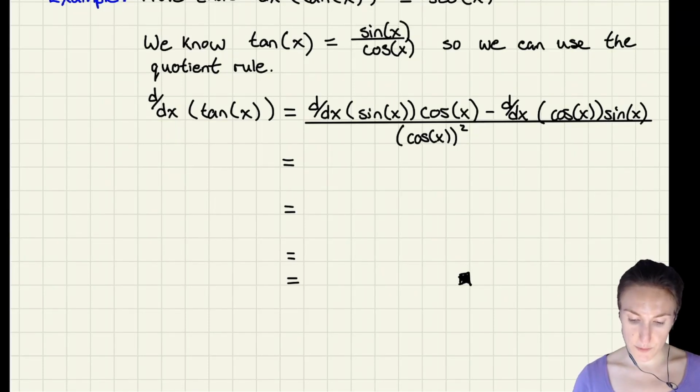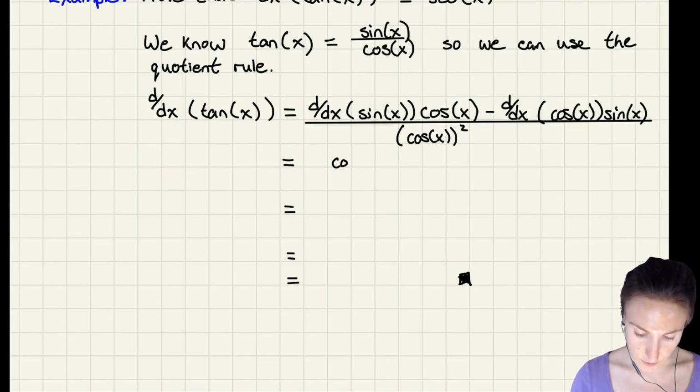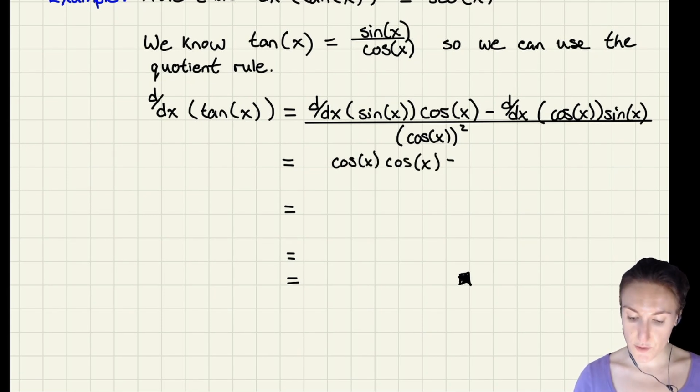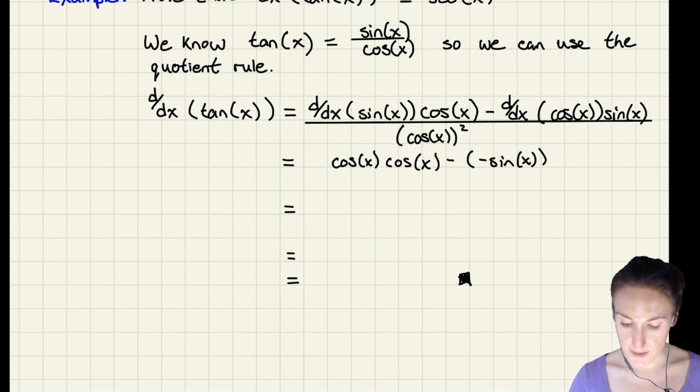All right, so now what do we have? The derivative of sine, remember that was cosine. So we have cos x, and then this is times cos x, minus the derivative of cos. Now I'm going to put brackets here to make sure that I don't make a mistake with my negatives. So negative sine x times sine x.